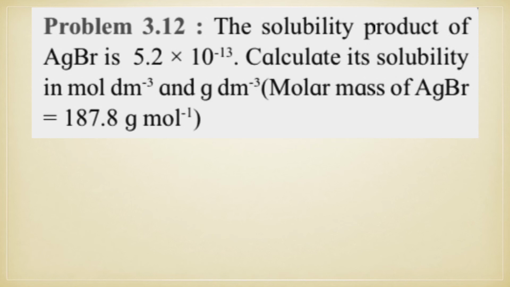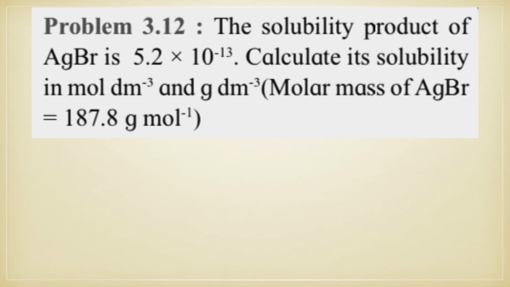Dm raised to minus 3 is nothing but mole per liter, and gram dm raised to minus 3 is nothing but gram per liter. So, by the value of Ksp, we can find out the concentration in mole per liter. Once we know the concentration in mole per liter, that means the molar solubility, we can find out gram per liter. That means we can find out the solubility.